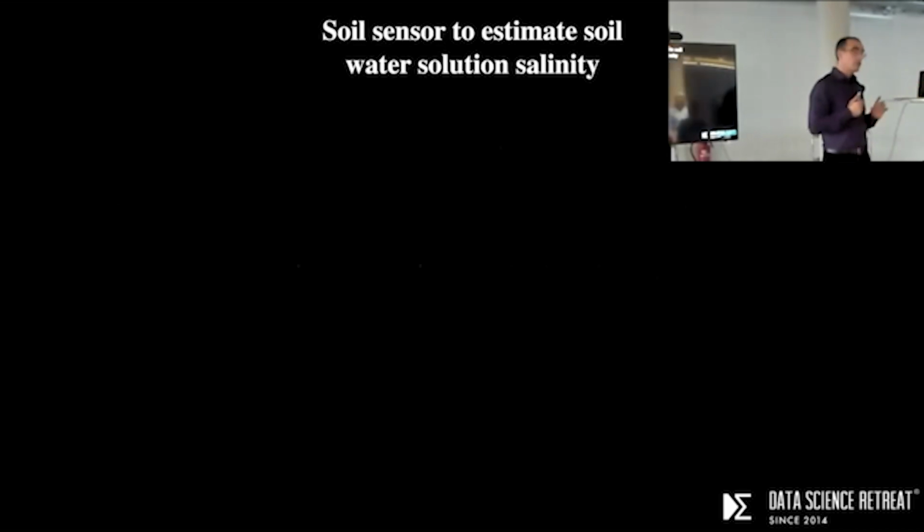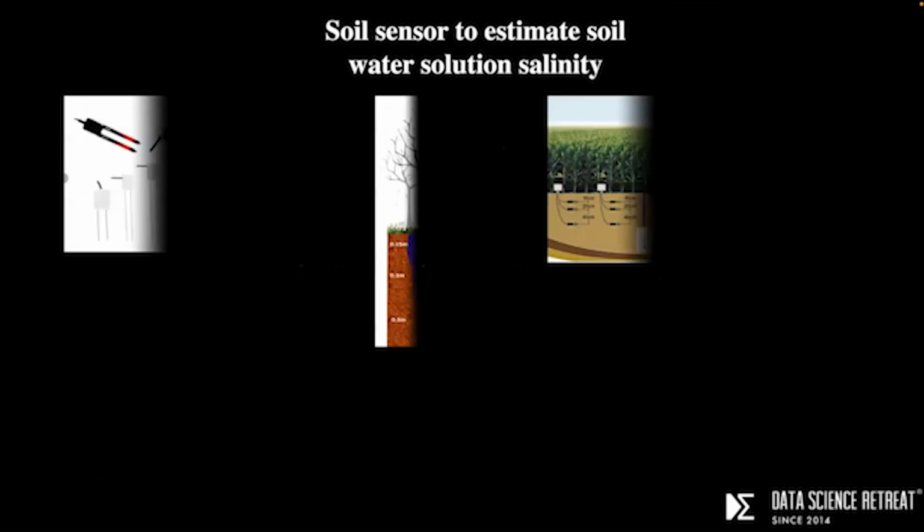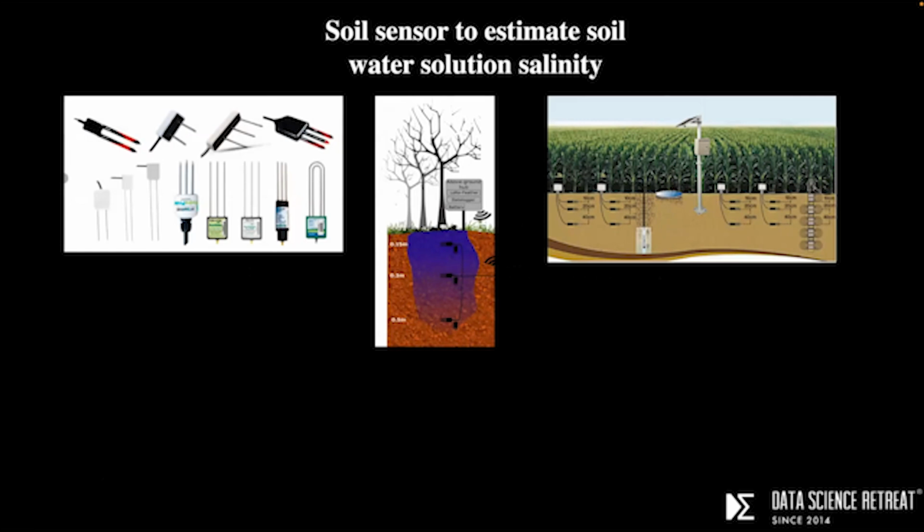If we want to see how this type of sensor, the new devices to measure the salinity, works, there are different types of sensors, and these are examples from different companies who produce them. They are installed in the soil to take data on the salinity.